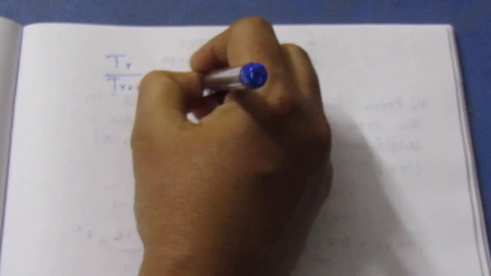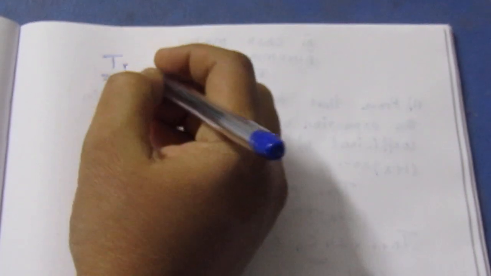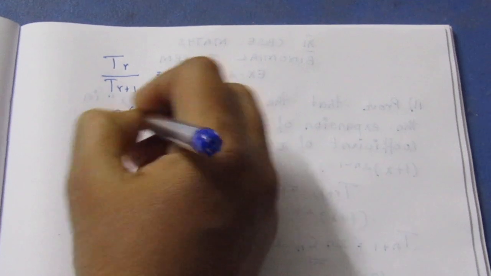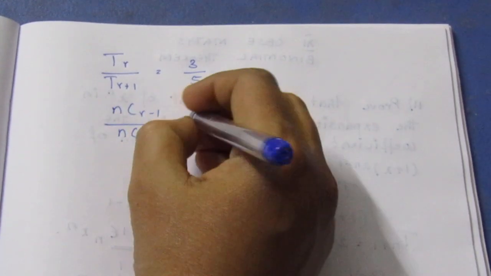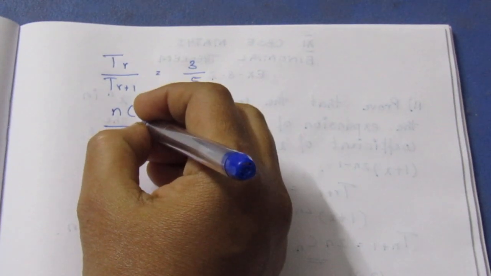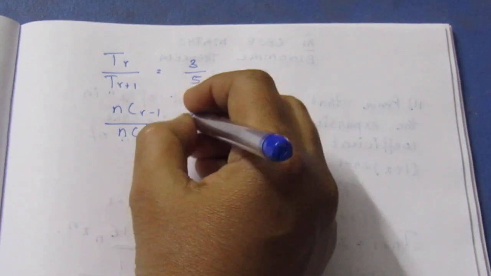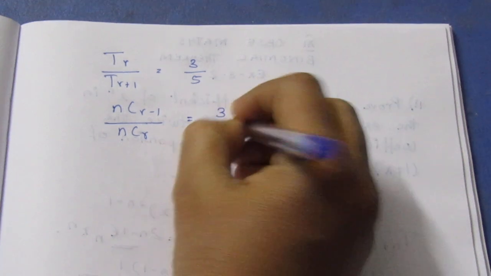Now we are going to take 2 and 3. 2 here is tr by tr plus 1 term, which is equal to 3 by 5 as given. So let me take only the coefficients of tr, which is nCr minus 1 by nCr, which is equal to 3 by 5.